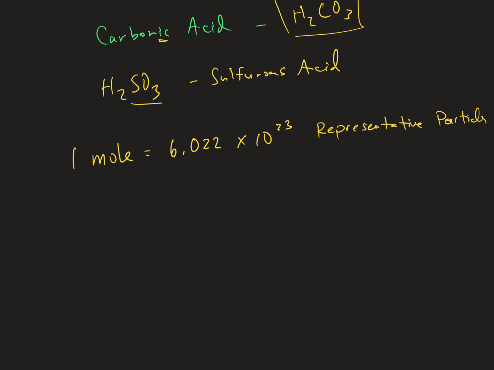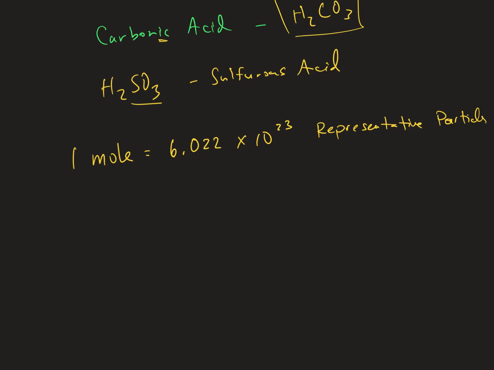Huge number. So if we have 1 mole of water, we have 6.022 times 10 to the 23 molecules of water. Molecule is the representative particle. If we have 1 mole of gold, we have 6.022 times 10 to the 23 atoms of gold. Atom is the representative particle of an element, and so on.